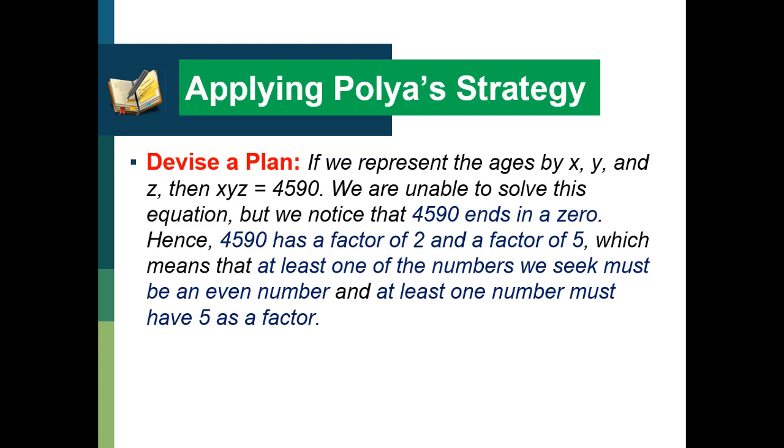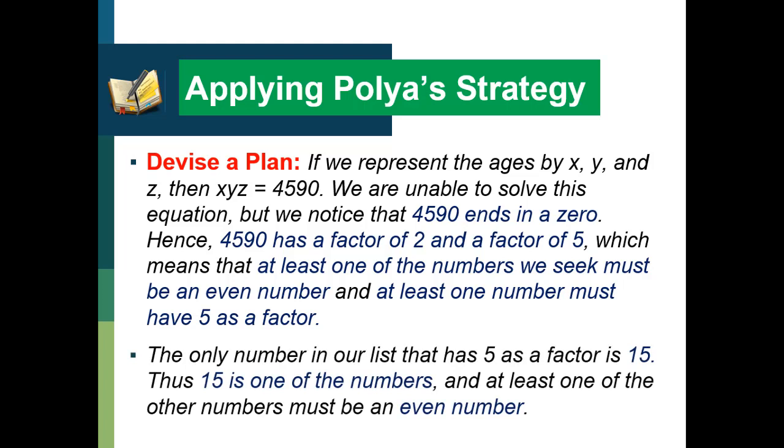Hence, 4,590 has a factor of 2 and a factor of 5, which means that at least one of the numbers we seek must be an even number, and at least one of the numbers must have 5 as a factor, because when you multiply 5 with an even number, that will give you 0 in the units digit. Did you get it?